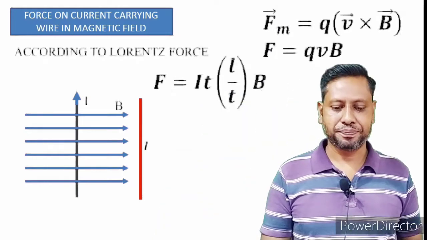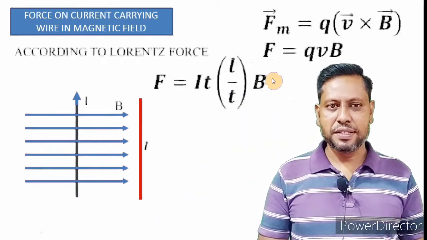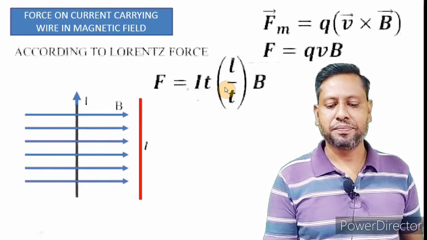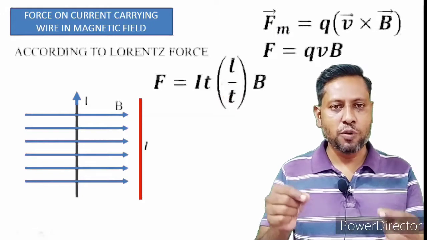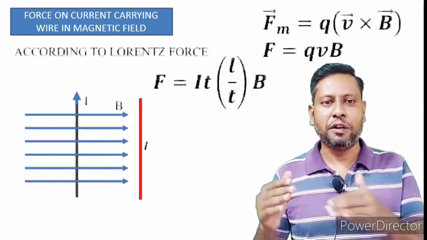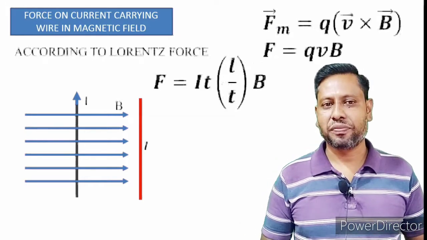How? See, we have F equal to, now this q is replaced. If you can see the mouse pointer, see here. The definition of current is q upon t, right? So from there, the value of q becomes I into t.